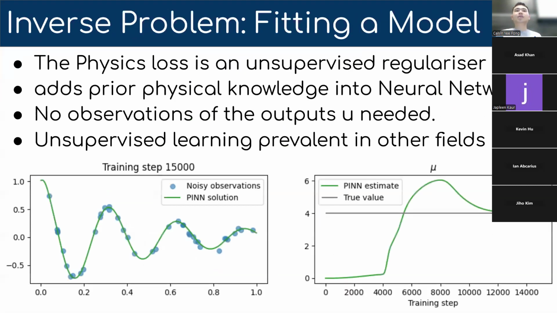Basically, you can use the machine learning frameworks to help determine the unknown value for mu. Here we can see that even with noisy input data, we're still able to estimate the true underlying friction coefficient after enough training.